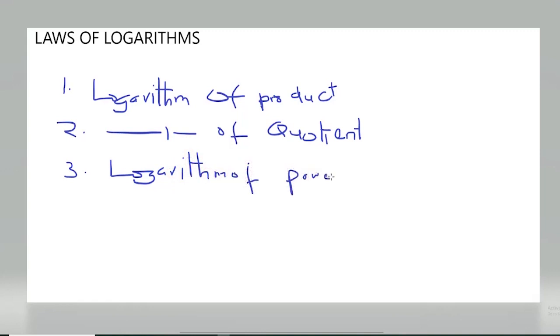And the last law is called the logarithm of root. So these are the four laws of logarithm which we are going to use throughout this part of logarithm expressions.